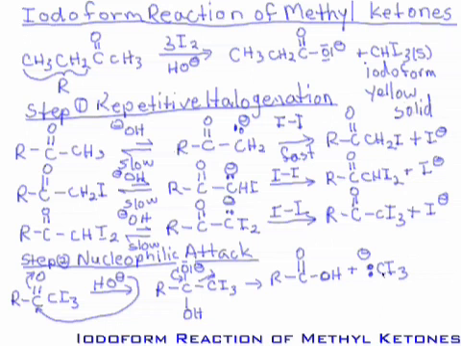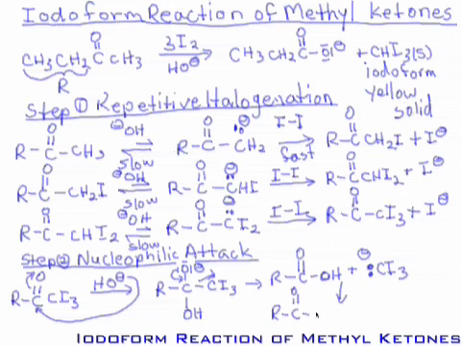And the answer lies in the fact of the 3 electronegative iodines helping stabilize the negative charge. It is sufficiently weakening the basicity so that this can act as a leaving group. And when it does leave, of course we're in base, remember that. So base would deprotonate the H, making R CO2 minus.